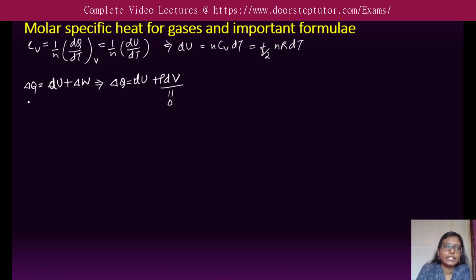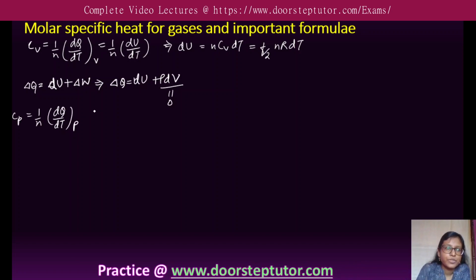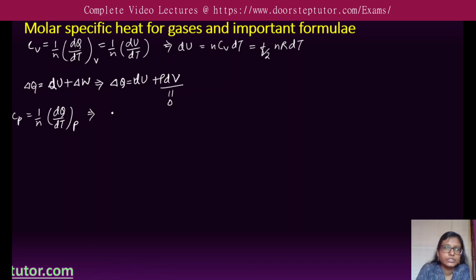okay, now specific heat at constant pressure is given by 1 by n dQ/dT at constant pressure. So from here we can write that dQ is equal to nCp dT.